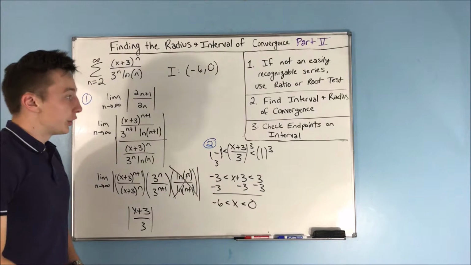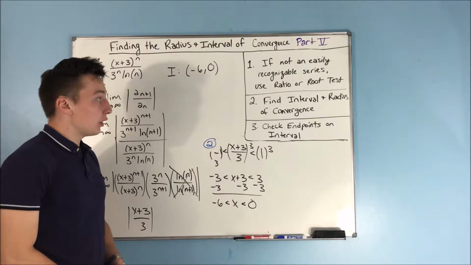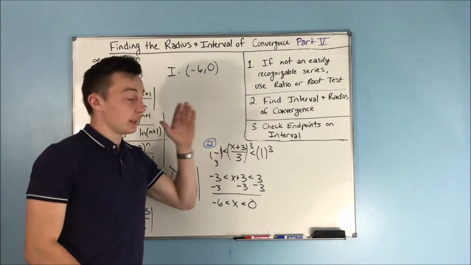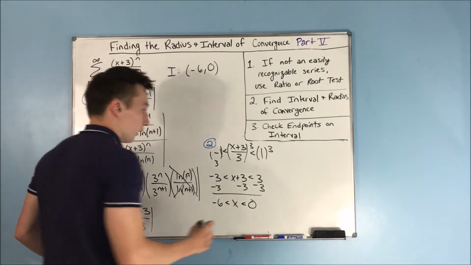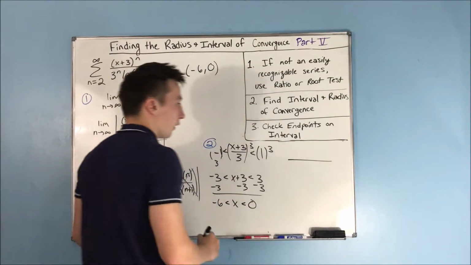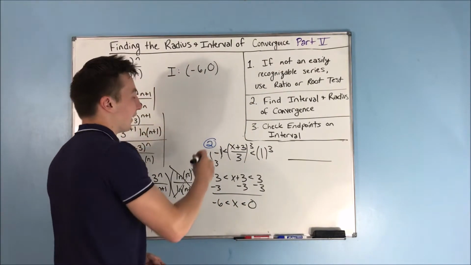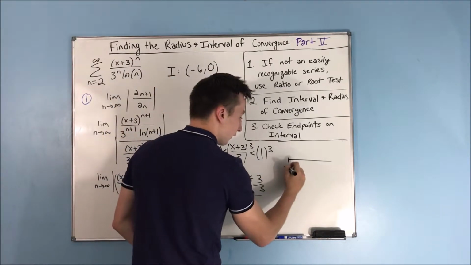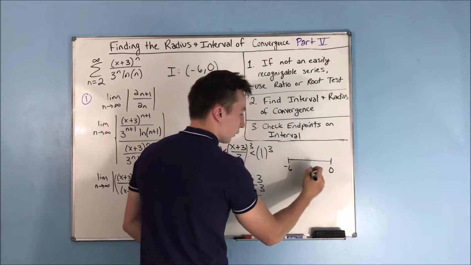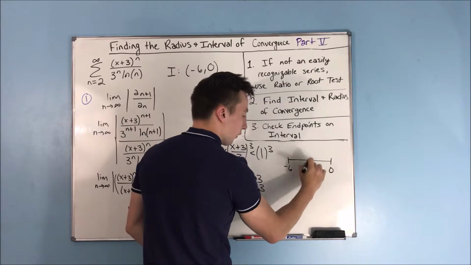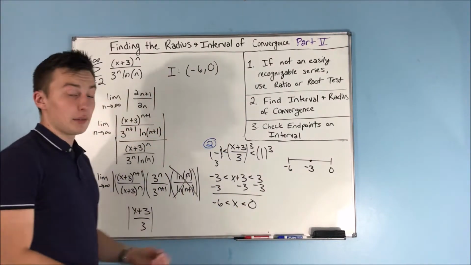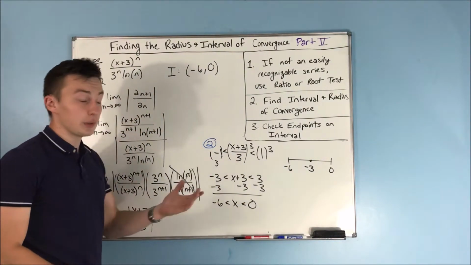Okay, so now what we're going to need to do is find the radius of convergence, and really that's just going to take a little bit of number line work. Alright, we're starting at negative 6, we're ending at 0, so that means the center is negative 3. That makes sense because of what I mentioned about power series when I was introducing them, right?